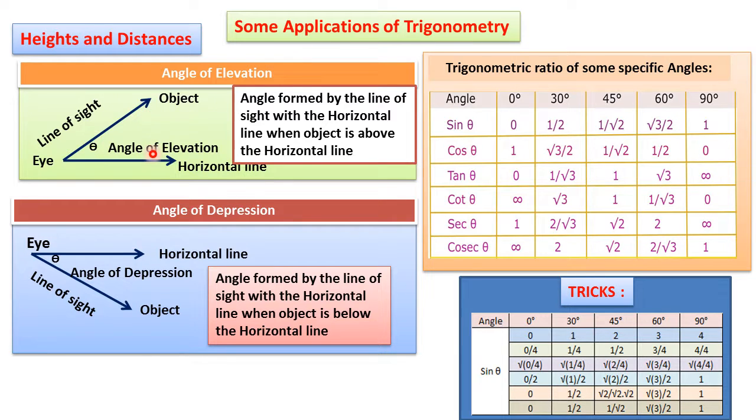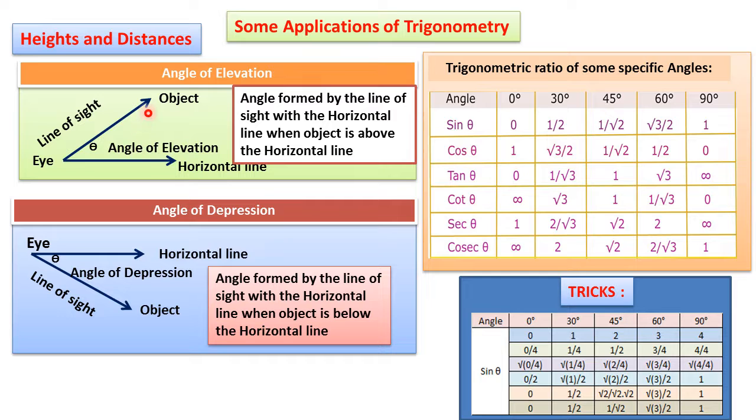Many times you will be asked to find the height of an object by knowing the distance between the observer and the base of the object, the line of sight, or the angle of elevation. By knowing any two of these, we will be able to find the height, and similarly sometimes we may be interested in finding the distance.